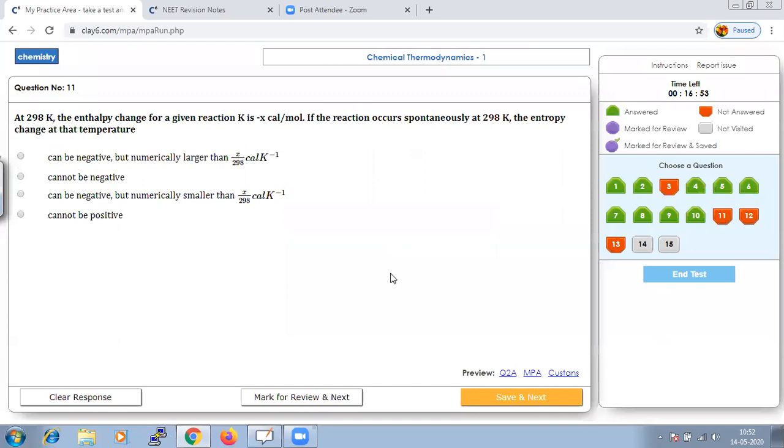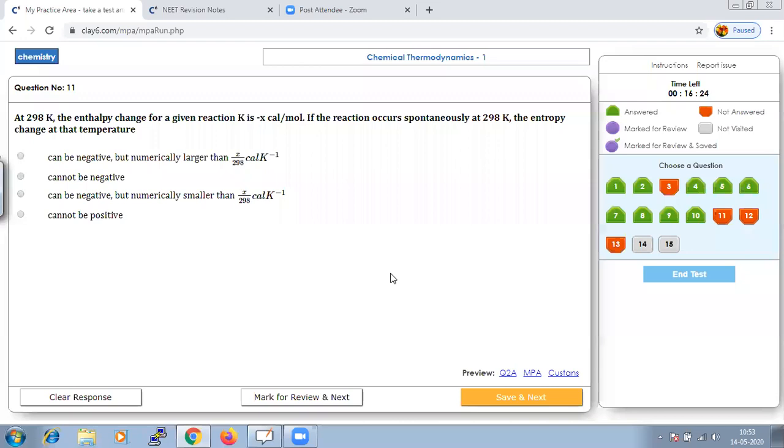At 298 Kelvin, the enthalpy change for a given reaction is minus X kilocalorie per mole. And if the reaction occurs spontaneously at 298 Kelvin, what is the entropy change at that temperature? How are we going to calculate? They are asking us to calculate the entropy change.